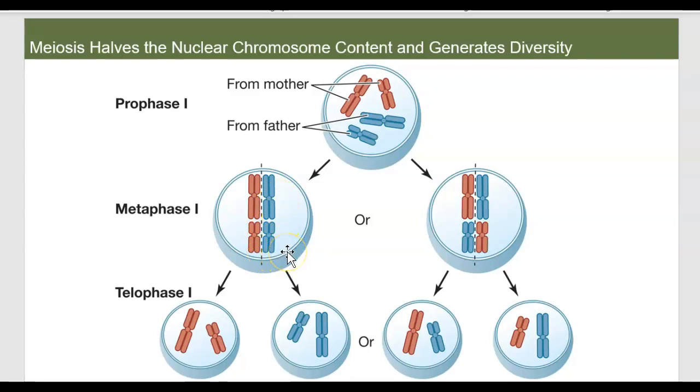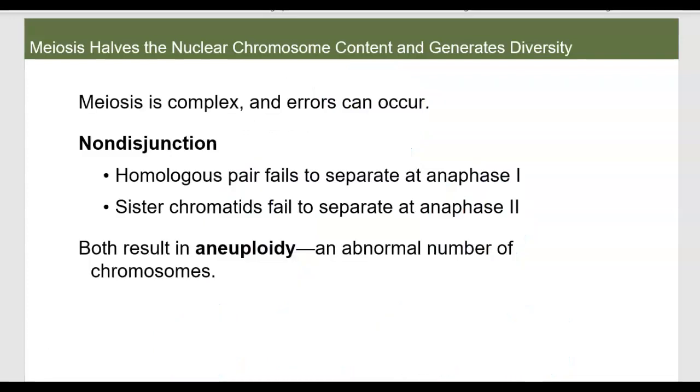So that could be one possibility, in which case this is what that first telophase set of cells would look like. But there's nothing to be said for it not happening like this, where the way they've lined up during metaphase 1 results in that first division giving you these possible, one from mom, one from dad, one from mom, one from dad. So it just adds to a lot of potential differences between the gametes.